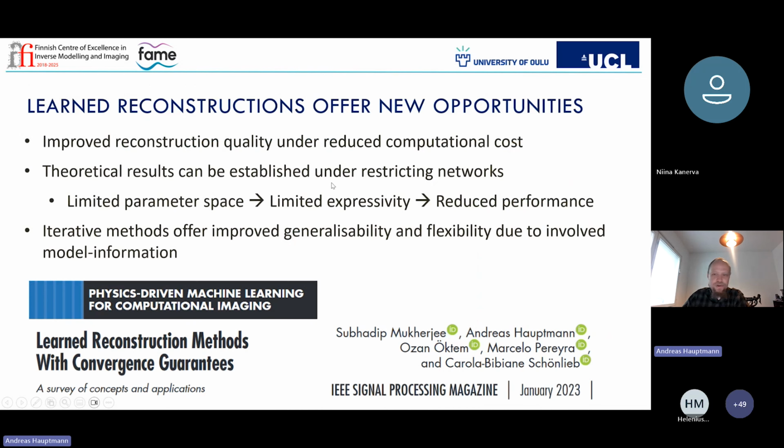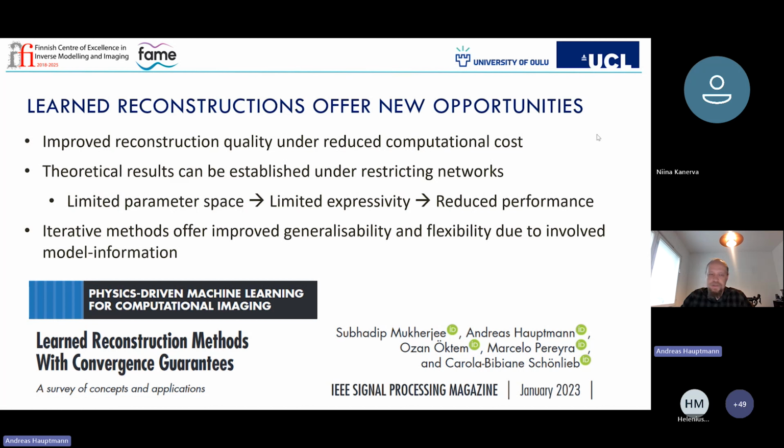Good, so let's wrap up quickly. Learned reconstructions offer new opportunities by improving reconstruction quality and reducing the computational cost. But what we need to do is restrict the neural networks that we use.